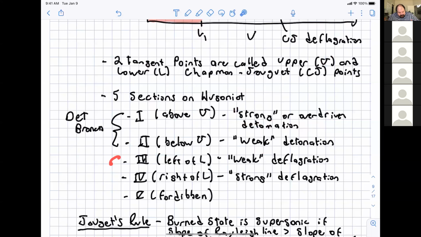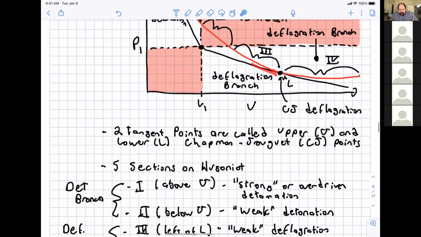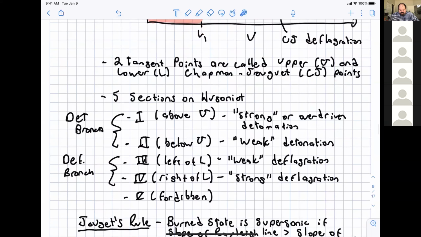Then region 3, and these are on the deflagration branch. We have region 3, which is on the left side of the lower CJ point here. This is called a weak deflagration.